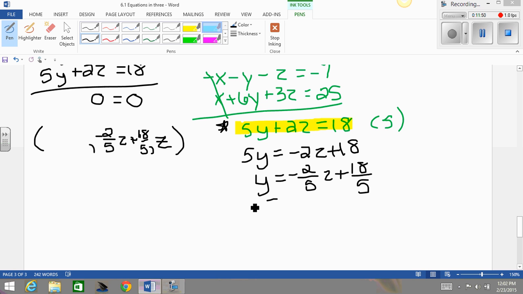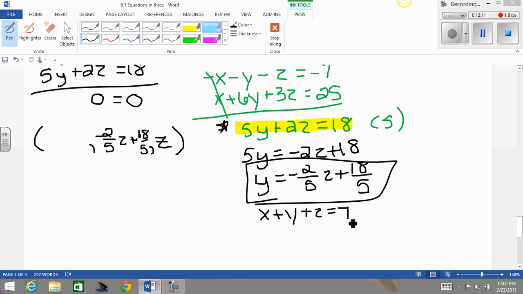But what we did is we just found us our y, right? I can go back and use my original equation, that first equation, to find it in terms of z. So that original equation was x plus y plus z equals 7. Well, now I know what y is. X plus negative 2/5 z plus 18/5 equals 7.